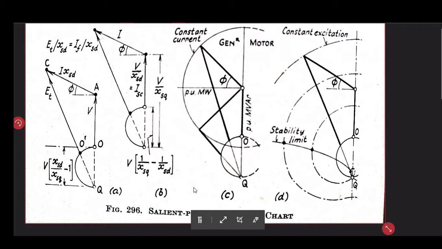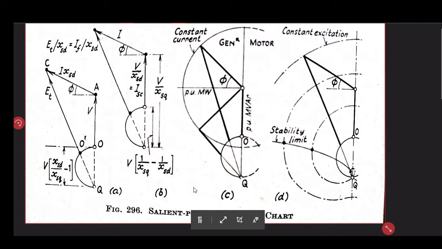Why must it be reversed? Because unless you reverse it, you cannot take care of the direct axis armature reaction, that is magnetizing in the case of your armature current. So that is what is required.